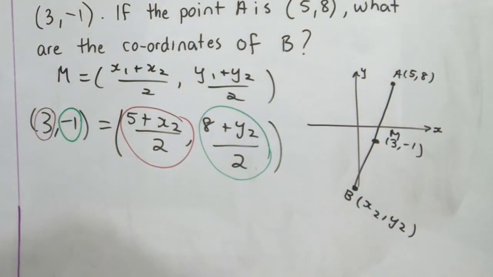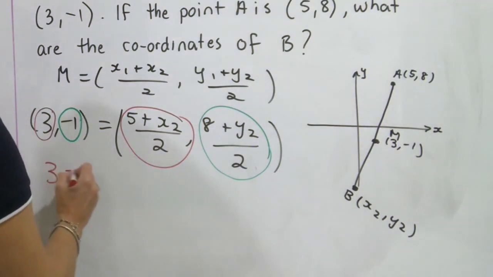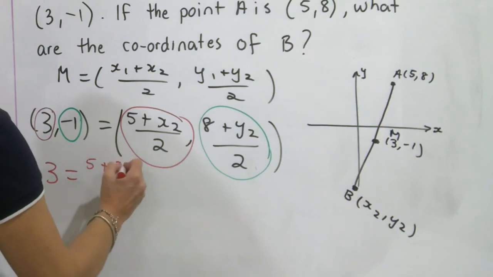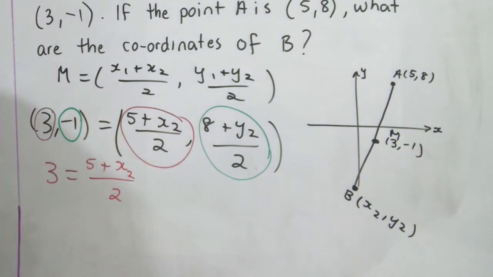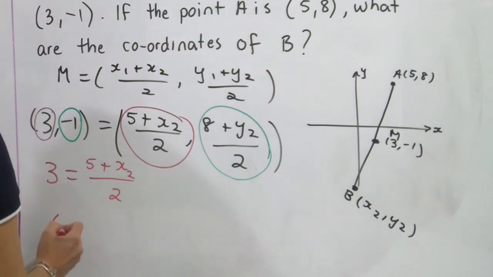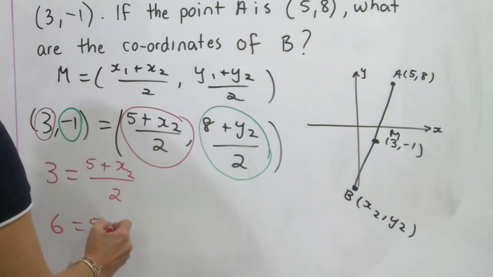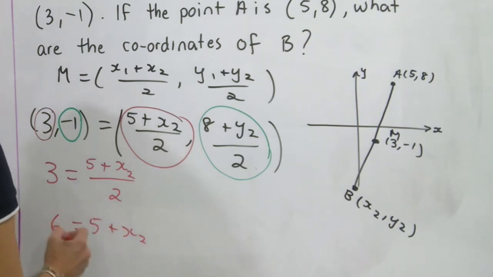And if I understand that, surely I can then say, okay, so if 3 equals 5 plus x2 over 2, I can now solve that equation to find the value of x2. Times both sides by 2, and I get 6 equals 5 plus x2. Take away the 5, and I'm left with x2 equals 1.